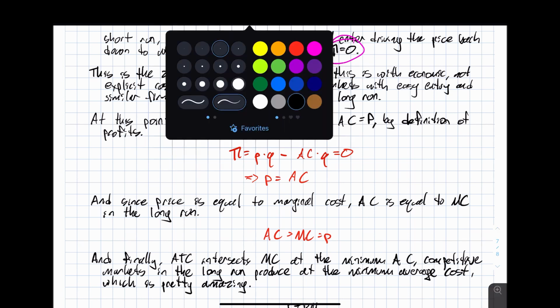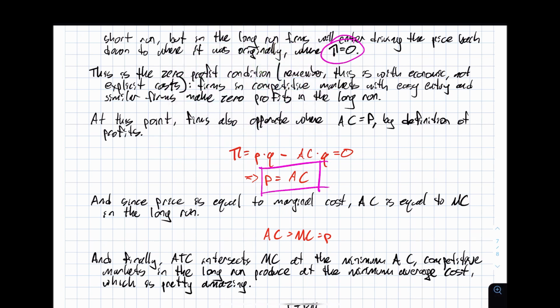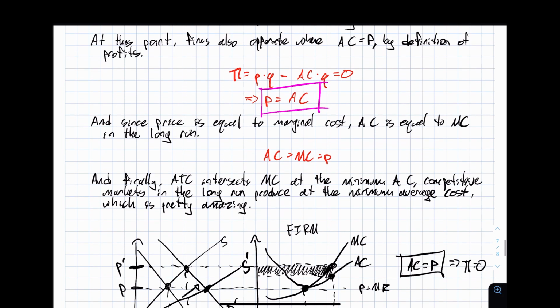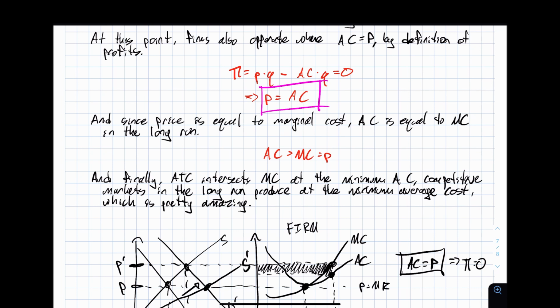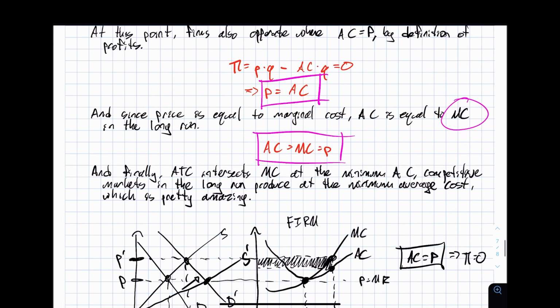And that's how we get this price equaling average cost, which, when we're in a perfectly competitive market, means our marginal cost is also equal to price.